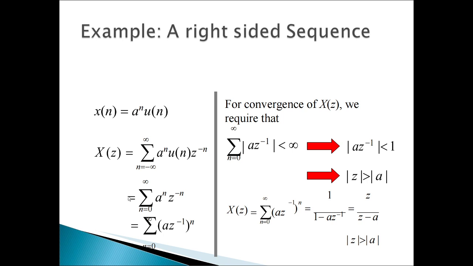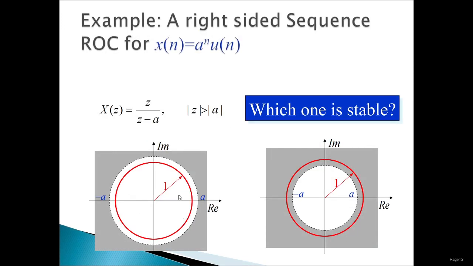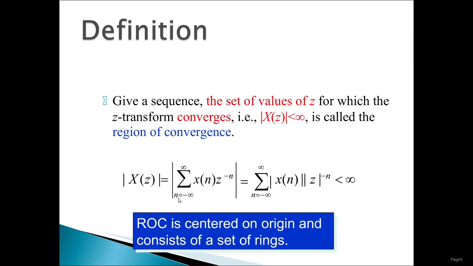So now I am substituting the sum from n equals 0 to infinity. For 0 to infinity, u(n) equals 1, so a to the power of n remains the same, into 1, into z to the power of minus n.